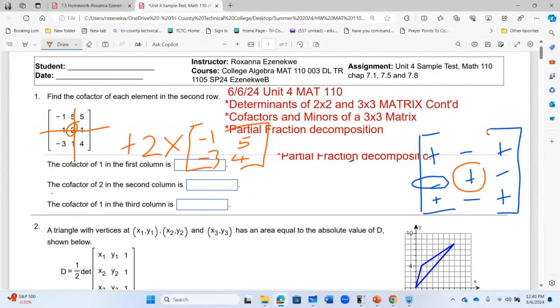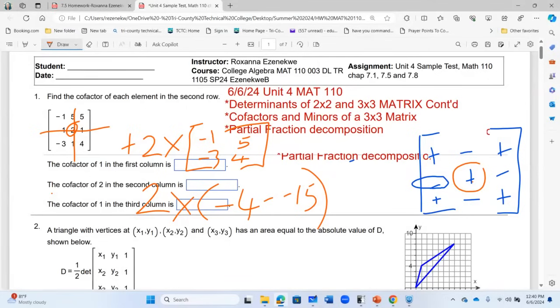So I have negative 1 multiplied by 4 is negative 4. So I have 2 times parenthesis negative 4 minus negative 3 multiplied by 5 is negative 15. Negative 15. I close parenthesis. So minus 4 minus 15 will give me positive 11.